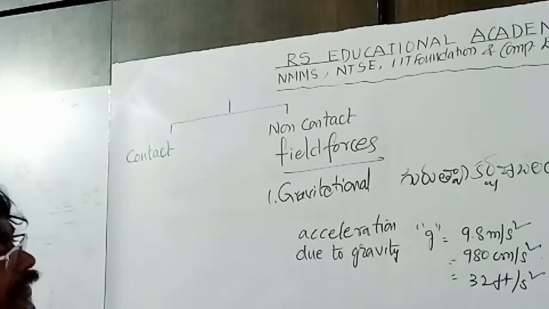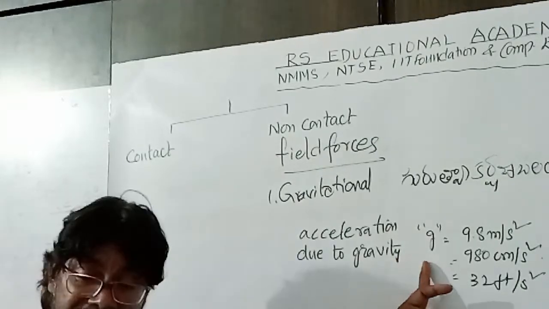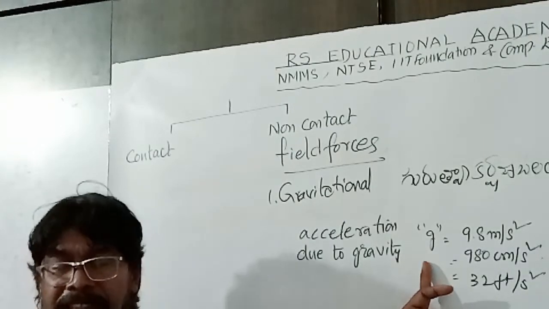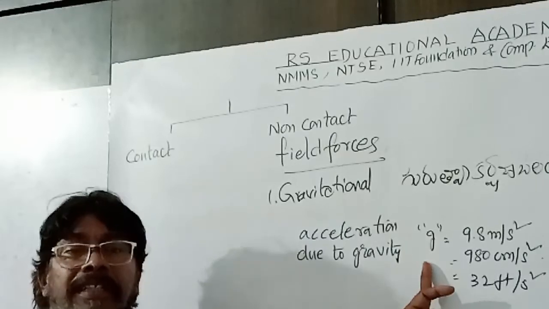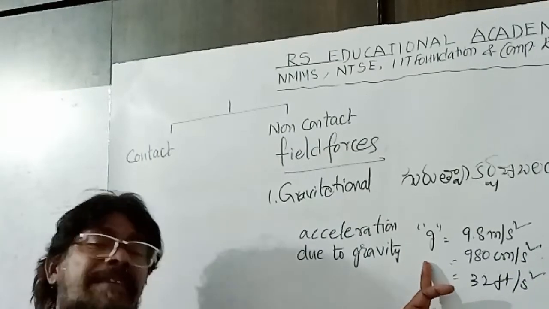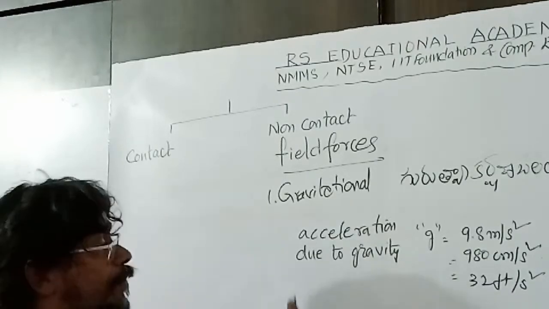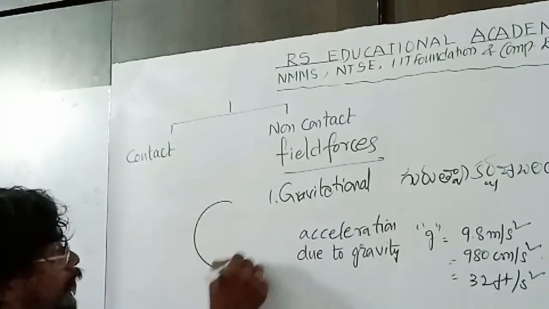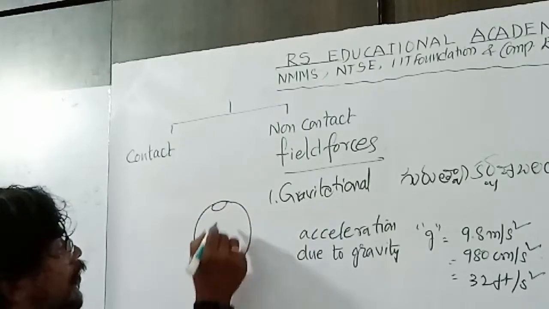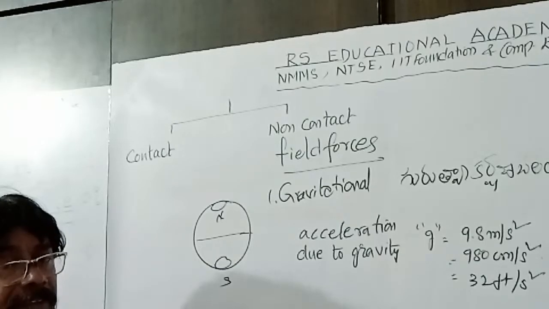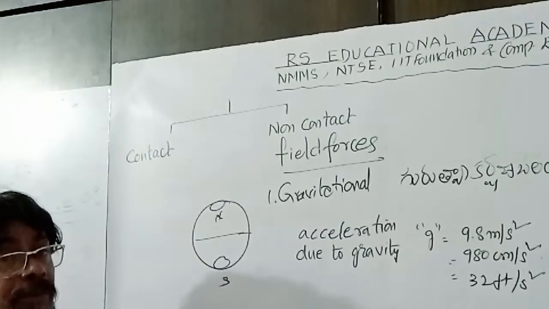అండర్స్టాండ్? ఎనీ డౌట్? సో యాక్సలరేషన్ డ్యూ టు గ్రావిటీ changes from one point to another point on the same object or from one place to another place. Suppose this is an earth. These are the poles, north pole, south pole. This is the meridian, Bhumadhya Rekha.